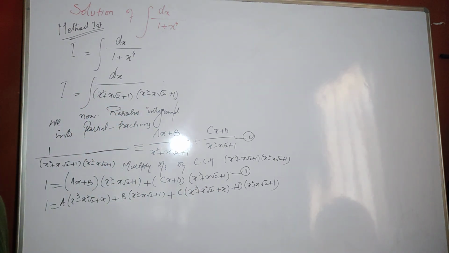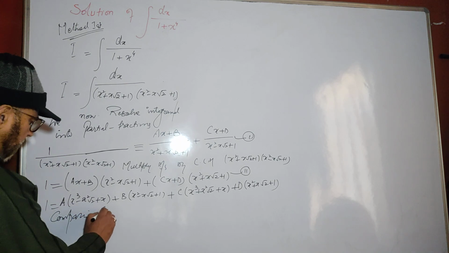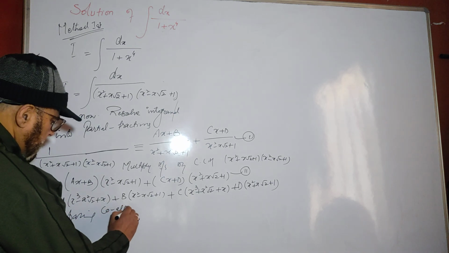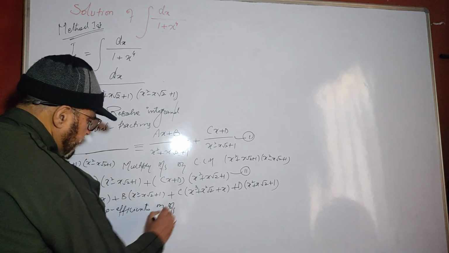Now we have to find a, b, c, d. For that we compare the coefficients on both sides.